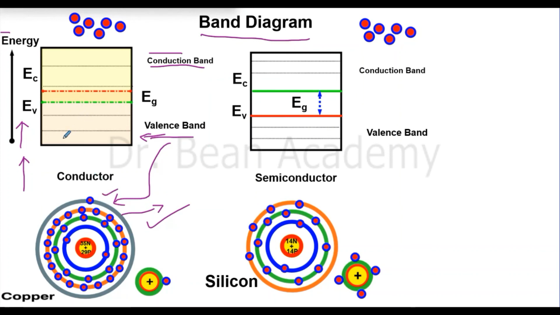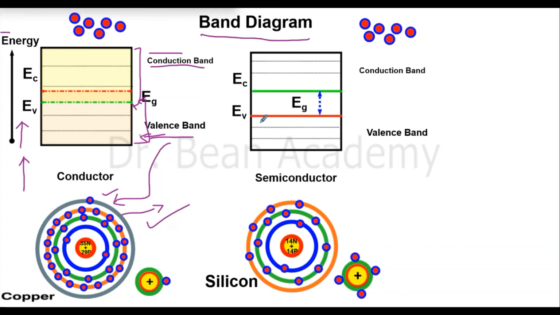For the conductor, we see that the conduction band and the valence band overlap. So it means there is no band gap energy to provide to the electron so that it can jump to the conduction band, because it is already in the conduction band.